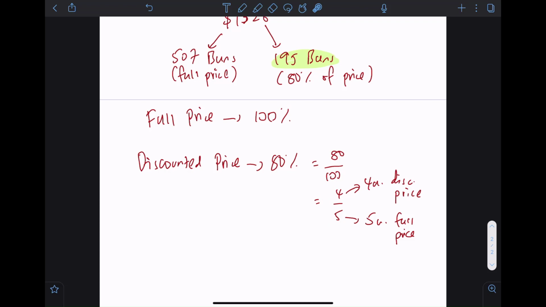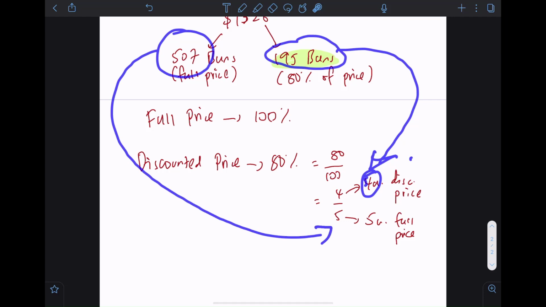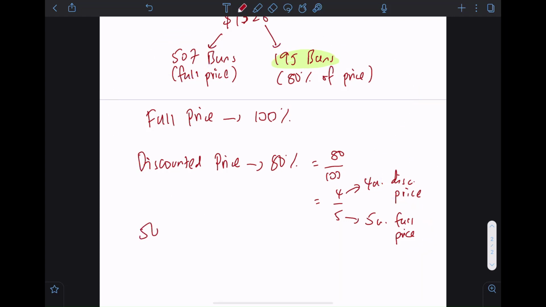So basically, each of the 195 buns, you need to multiply them by 4 units, because each bun has a price of 4 units. Whereas each full price bun, you need to multiply it by 5 units, because that is the full price units. So 507 multiplied by 5 units plus 195 times 4 units.